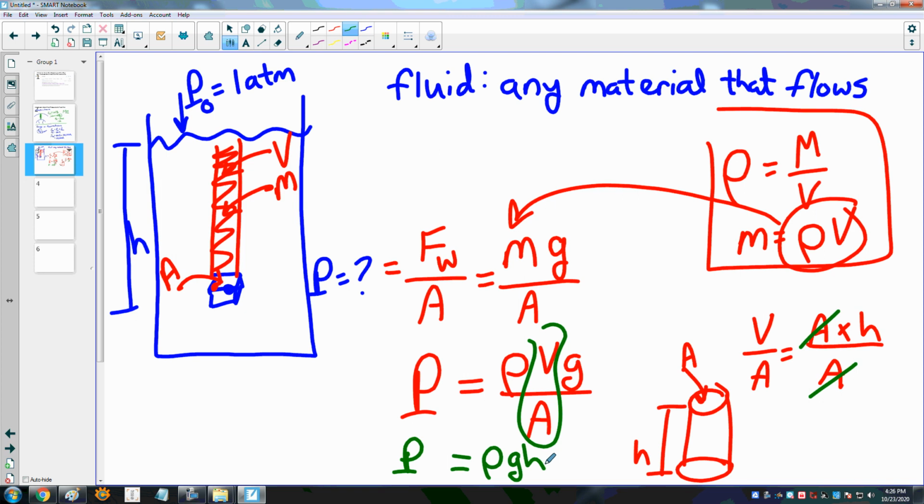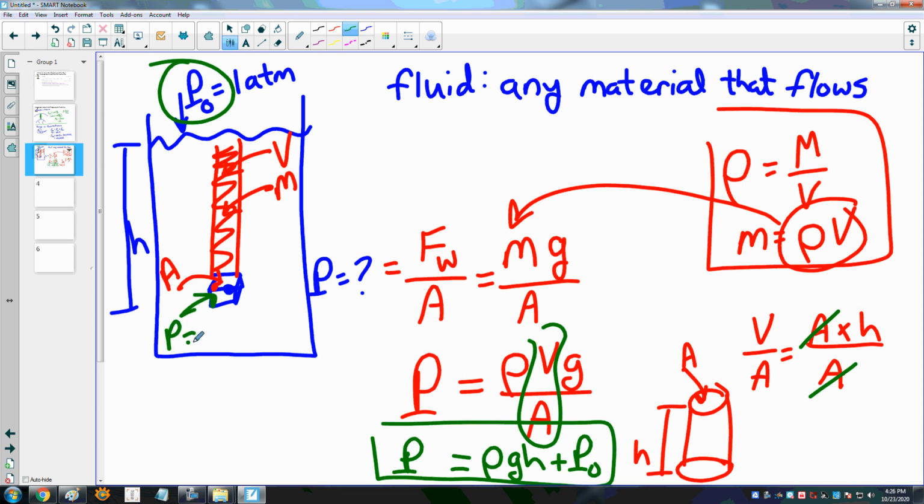But also recognize, as I said here in the beginning, that we also have this pressure at the top. So this right here would be like our gauge pressure. But then we also have to include our atmospheric pressure to get the absolute pressure at this point right here. So my absolute pressure at this point would be equal to rho g h plus P naught.